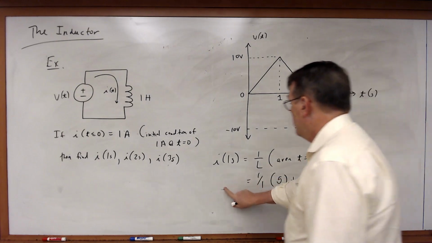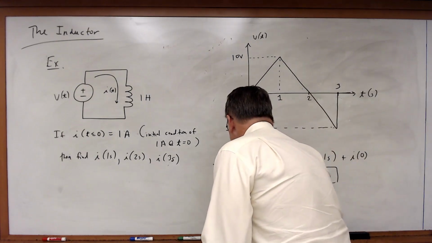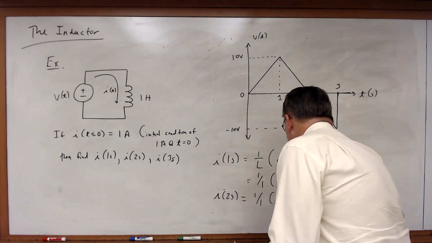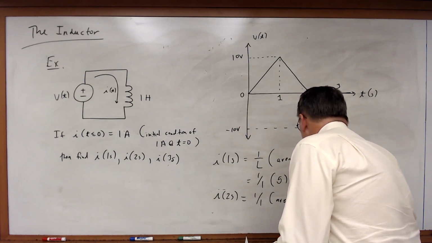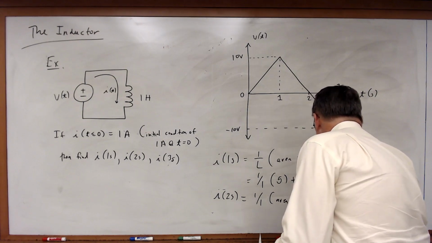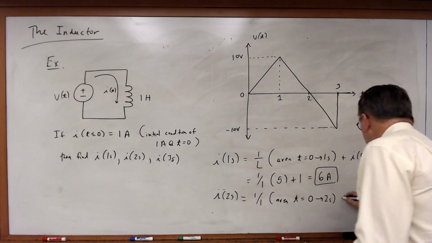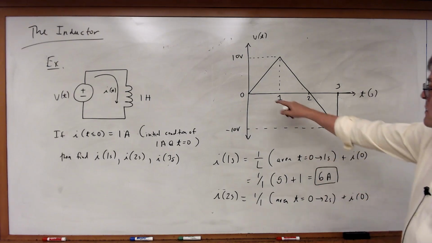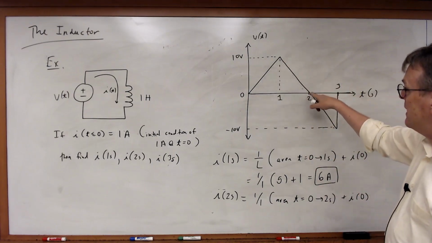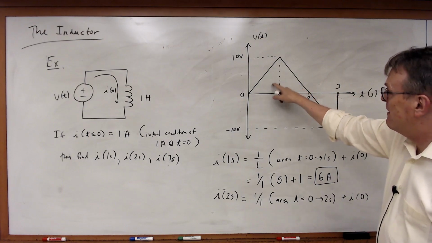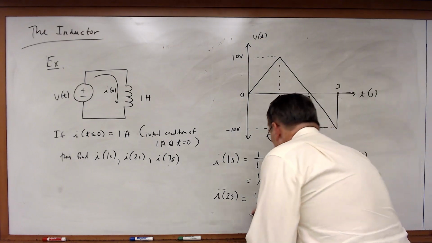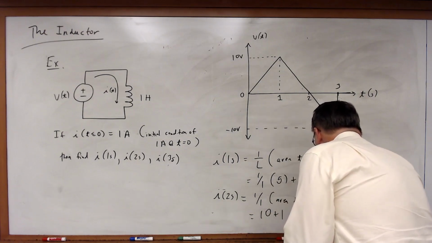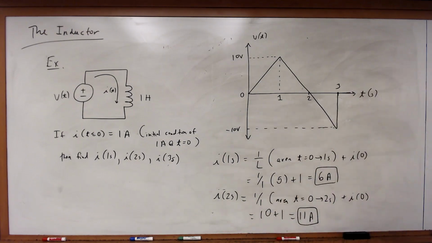Then for the current at 2 seconds, I'm going to have 1 divided by 1 times the area from t equals 0 to 2 seconds plus the initial condition at time t equals 0. So in this case, it's this area plus that area. I'm just doubling this, 5 plus 5. That's going to be equal to 10 plus 1 is equal to 11 amps.